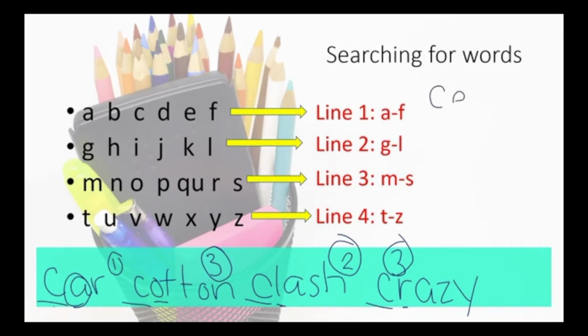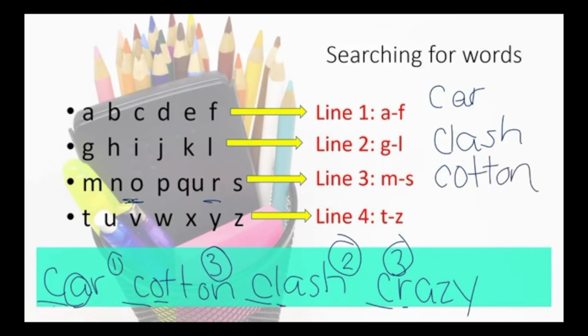Car was in line 1. Clash was in line 2. And then I told you cotton and crazy are both in line 3, but we look at how O comes before the R. So we're going to write cotton and then crazy.